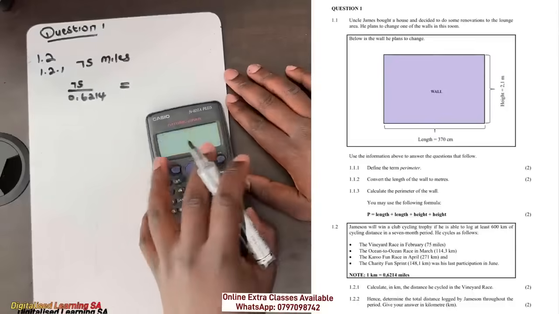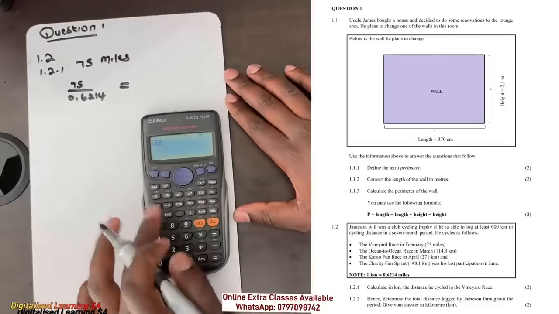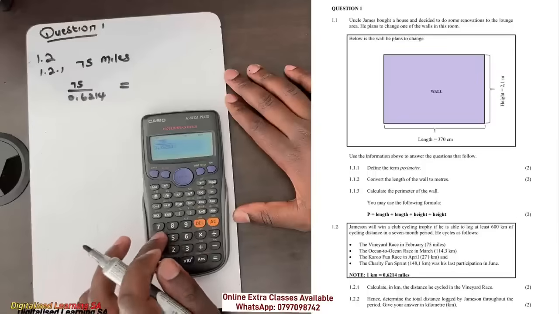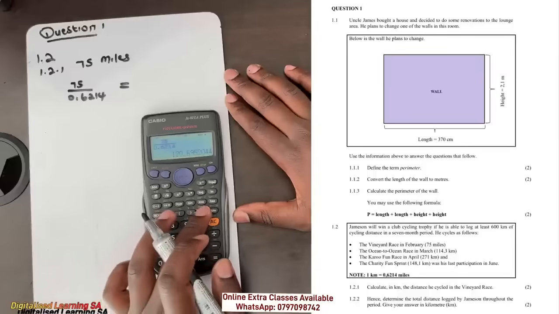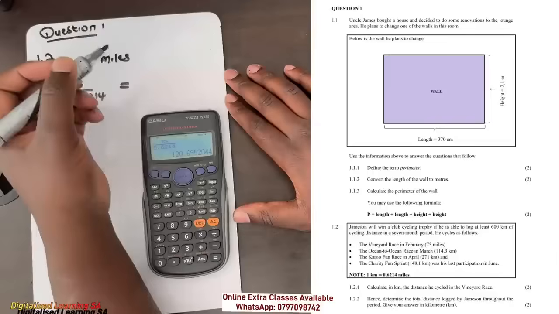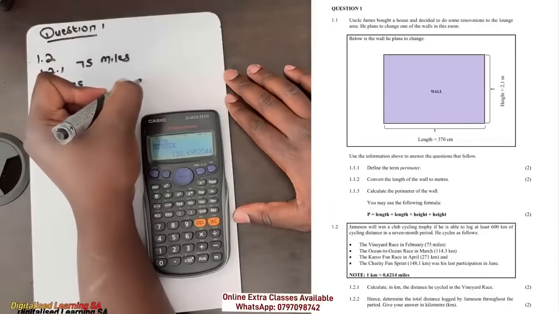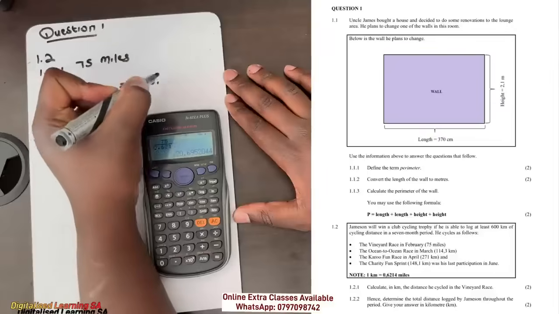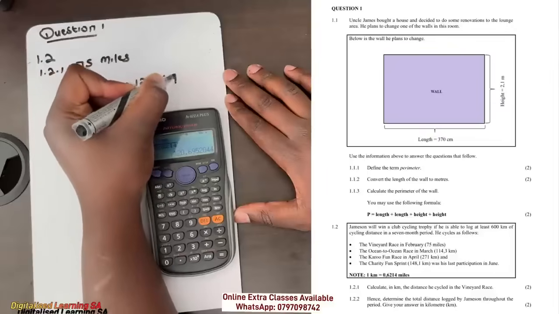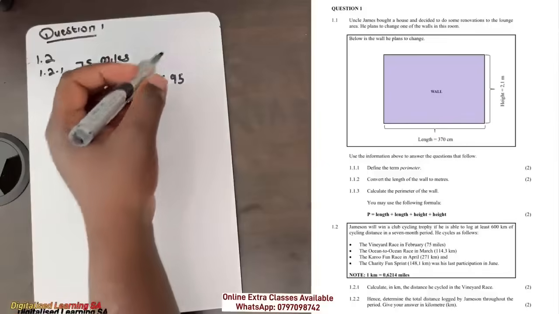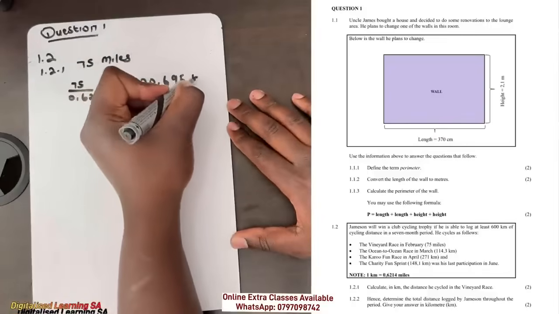So let's go ahead and work that out. We are going to say 75 divided by 0.6214, and our answer will be 120.695 kilometers.